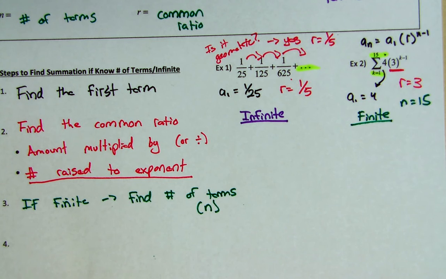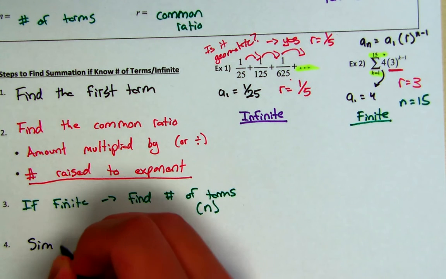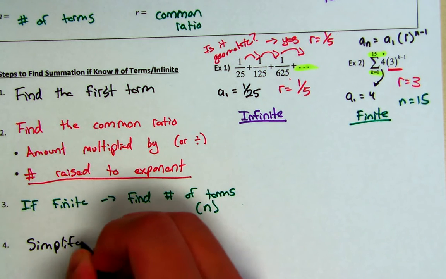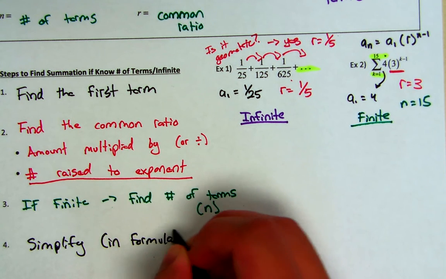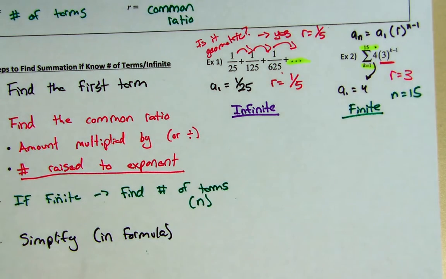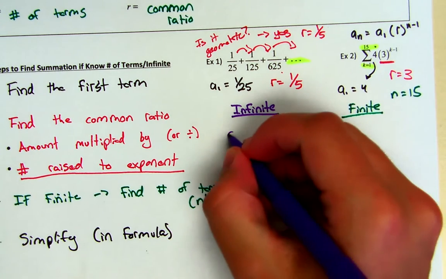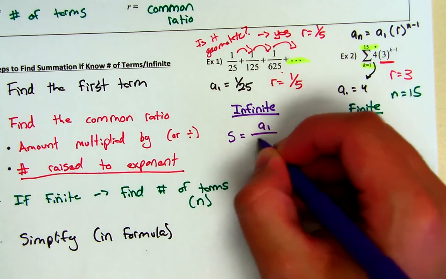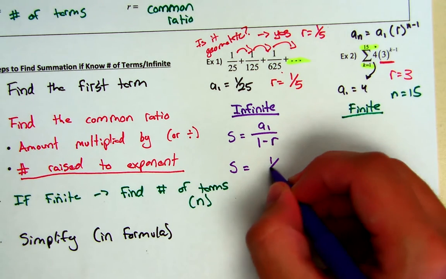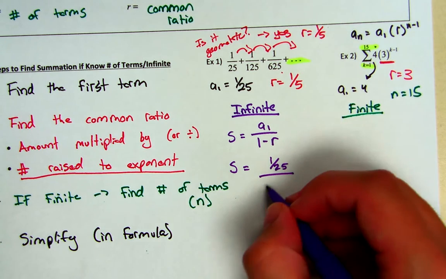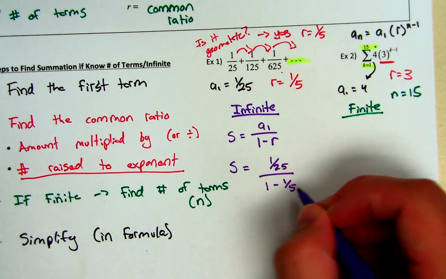Alright, and the next, and your last and final step is to simplify in your formula, whichever one you used. So, infinite, I need to use the sum equals a1 over 1 minus r. So the sum, a1 is 1 over 25 over 1 minus 1/5.